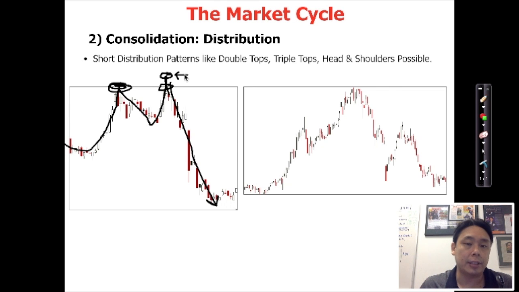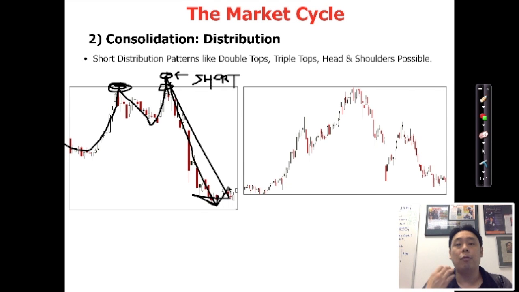For example, you may see an evening star pattern, a bearish pin bar pattern, or a one black crow pattern, and it could be confirmed by an overbought condition, like stochastics are overbought and the price is above the Bollinger Bands, and you could do a short sell over here. You can do a short to catch the trade going down. Again, this is more for experienced swing traders.